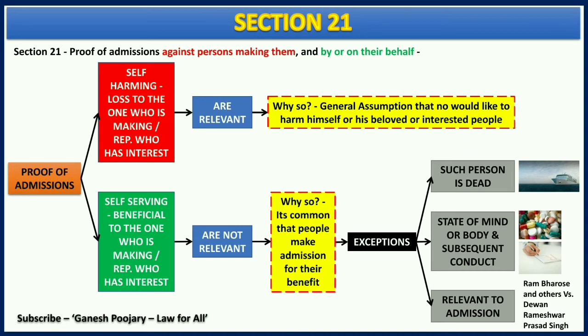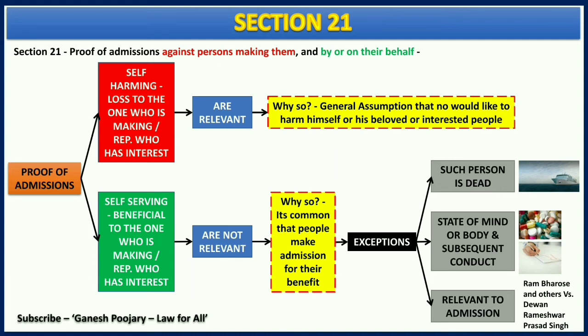Anything making such an impact is known as self-harming admissions. And self-harming admissions are most relevant admissions, and you might ask me why so? Because the general assumption is that no one would like to harm himself or his beloved or interested people.